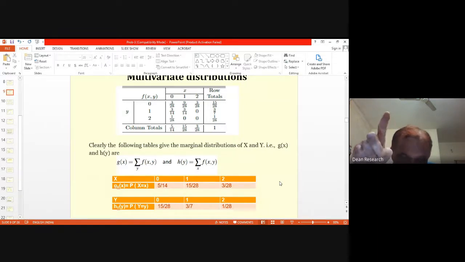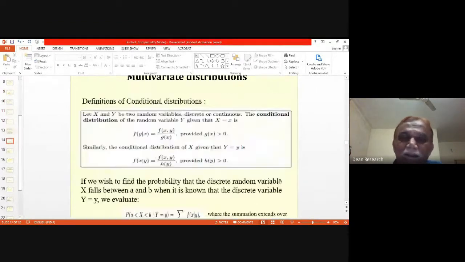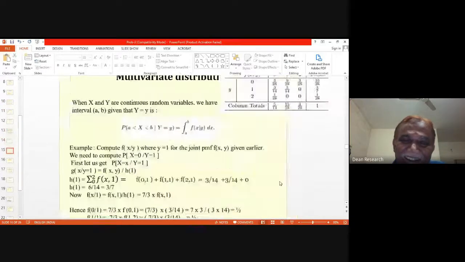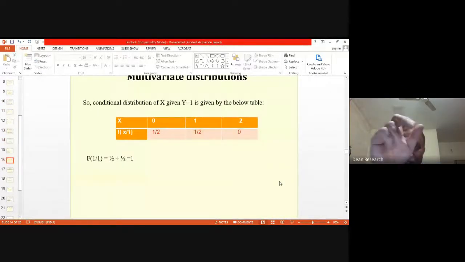No, let us not do this. This example is the best here, because they have not listed the conditional distribution. So with this distribution, things are clear, right? This example is clear?